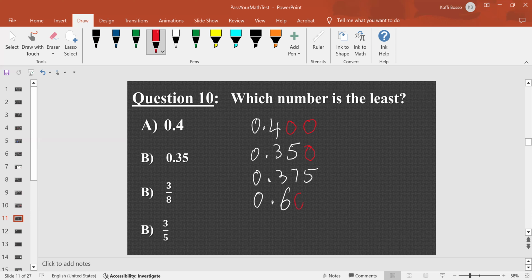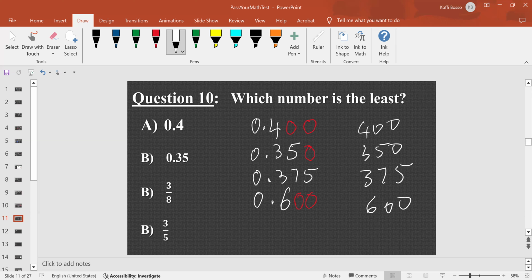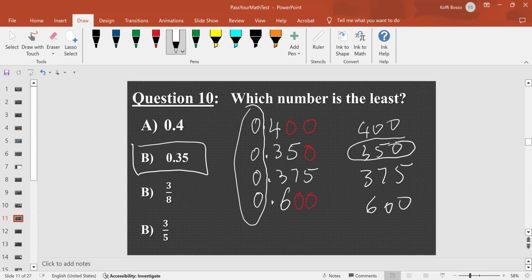And the last one we complete: 0.600. So we compare 400, 350, 375, and 600, because the number before the decimal is 0 for all of them. So our comparison here is just the part after the decimal. Based on this, the smallest value is 350. This is telling you that the least number here is 0.35.